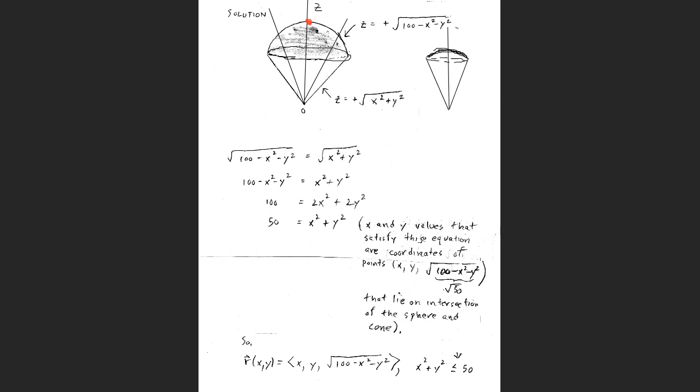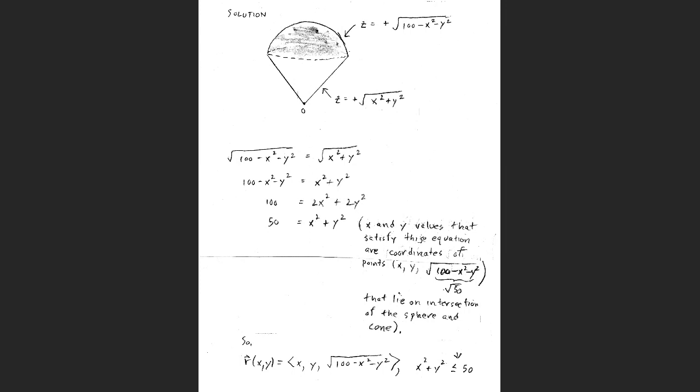Here's the z-axis. Here, phi equals 0. What about here? Let me just go with this picture and keep it simple.